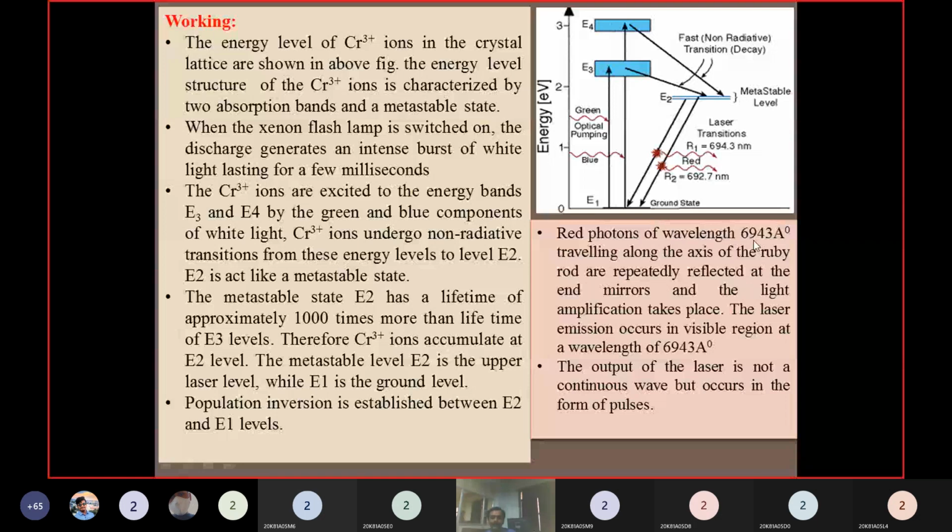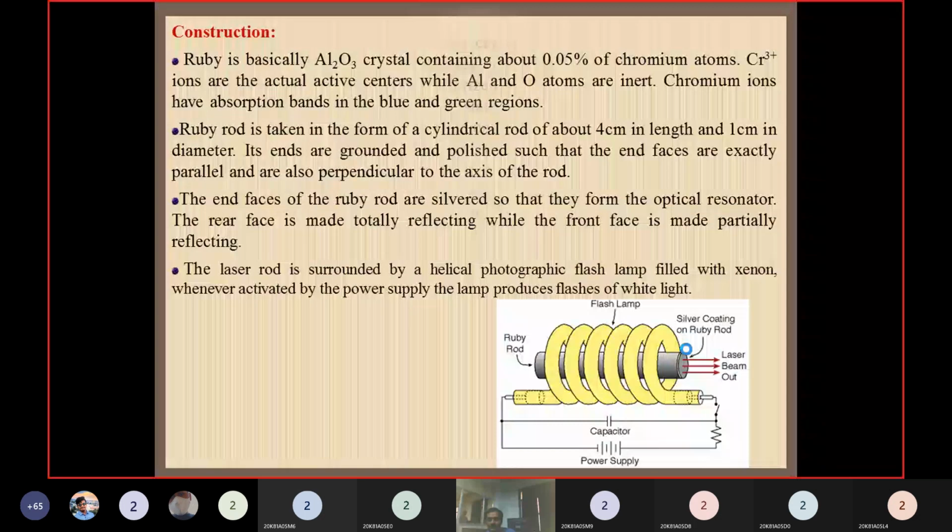The laser emission occurs in the visible region at a wavelength of 6943 angstroms. The red light is traveling along the axis of the ruby rod, and at the edges of the rod there are optical resonators.